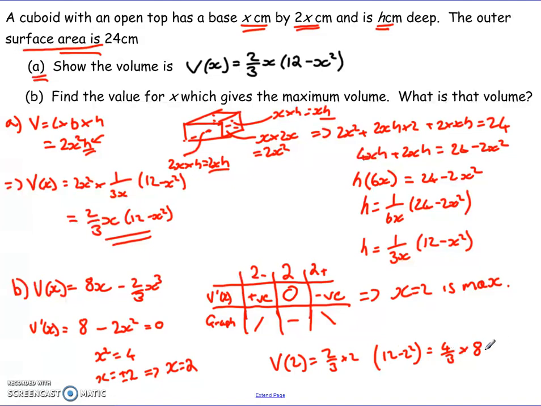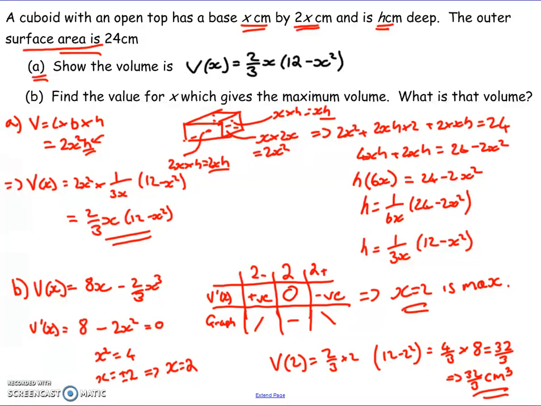So it's 4/3 times 8. What that then ends up giving you is 32 over 3. Put it back in the context of the units, cubic centimetres. That there's my volume, the maximum volume the cuboid can give you, which is given when x is equal to 2.